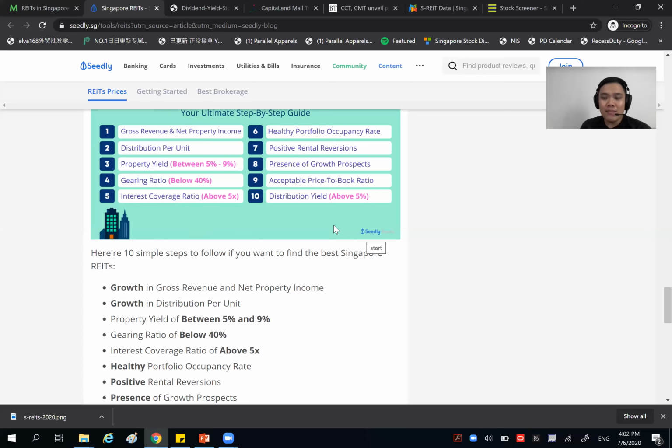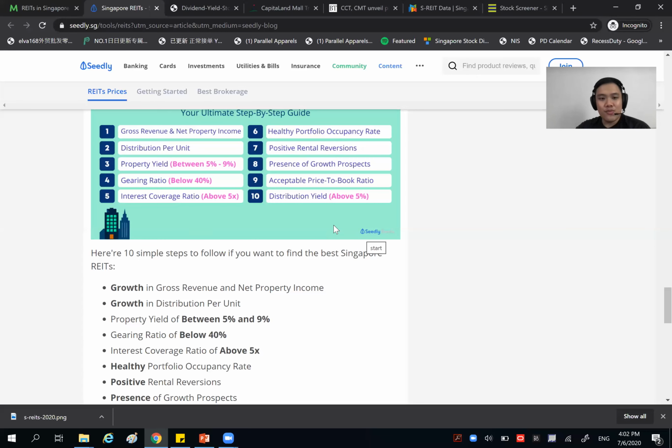Anything below 1 might be referred to as undervalued. Now, this is a gauge of what it currently is, but it doesn't give you a clear understanding of whether the REIT's price is actually undervalued or not. So you have to look at the other factors that I have gone through as well.